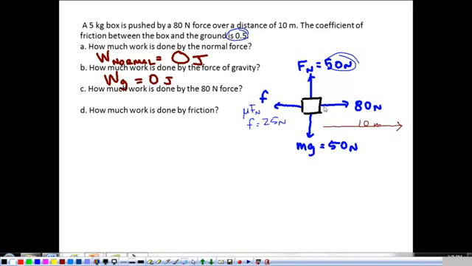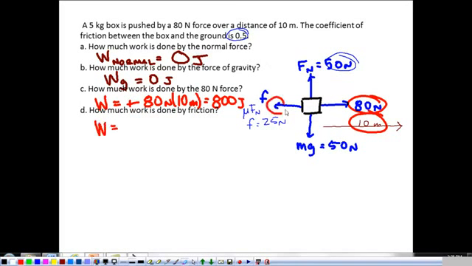Now, the work done by the 80 Newton force. Looking at the 80 Newton force, well, that is with my displacement, so it's going to be positive 80 newtons times 10 meters. It gives me 800 joules. And the work done by friction, well, friction points backwards.